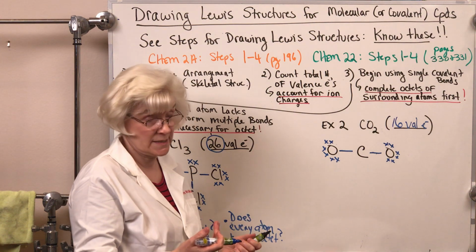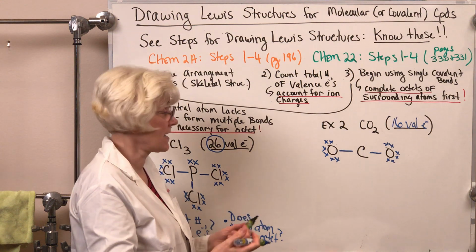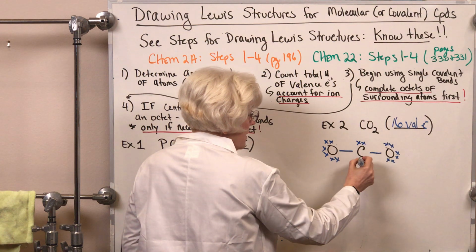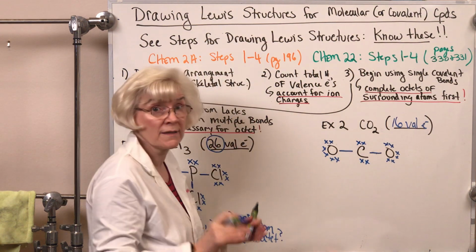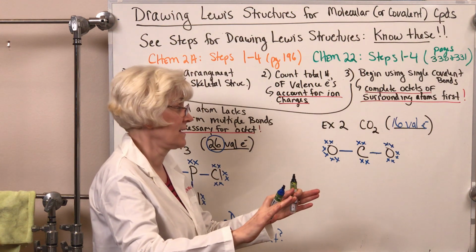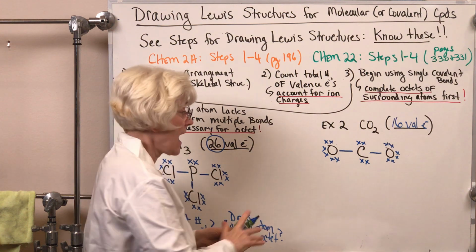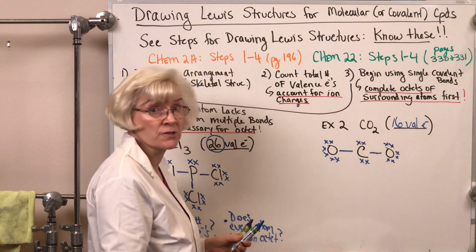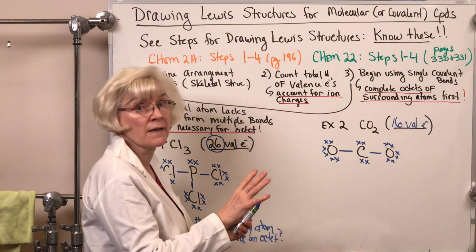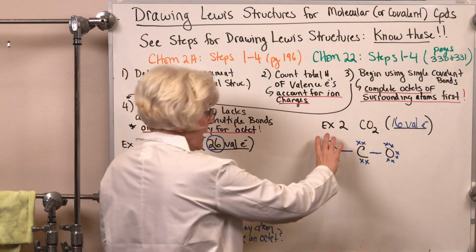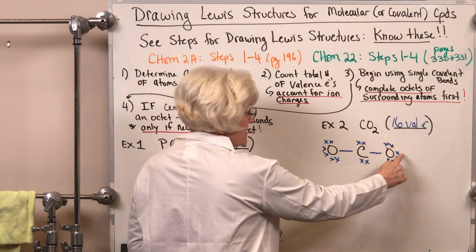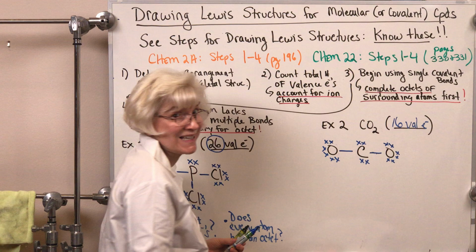So my first instinct may be, oh, well, carbon does not have an octet, I need to give carbon 4 more electrons to give it an octet, but wait a minute. If I do that and count the total number of valence electrons that I'm showing in the picture, I have a problem. 2, 4, 6, 8, 10, 12, 14, 16, 18, 20.